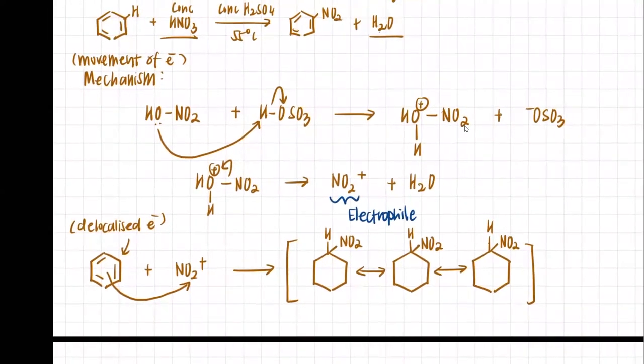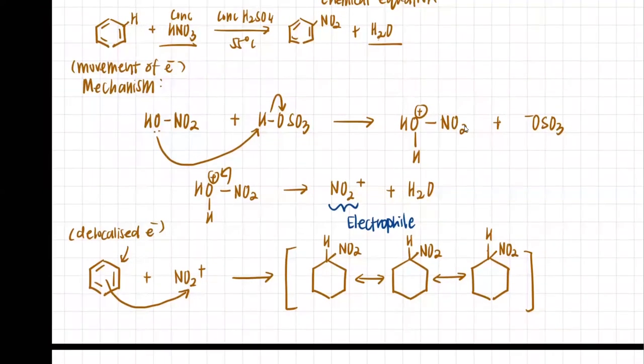I give you around 2 minutes to draw out this structure first. You have to draw out three resonance structures. This is what we call the three resonance structures of benzene. You have to draw out all three.